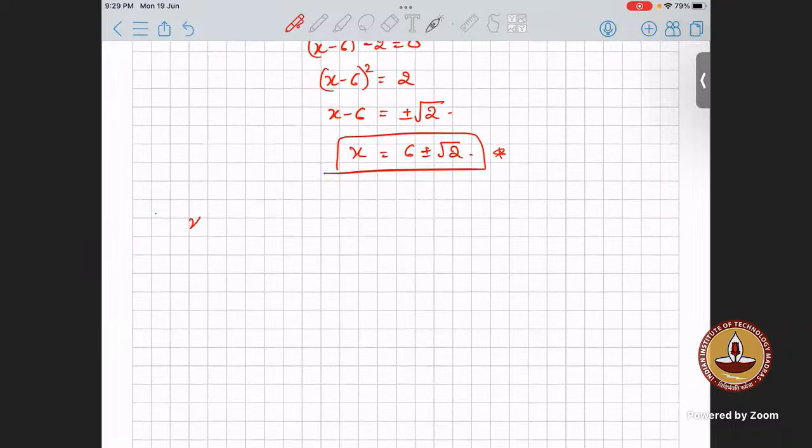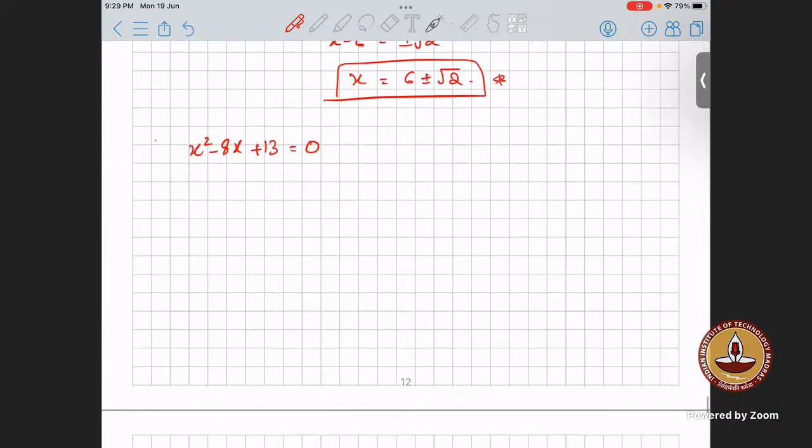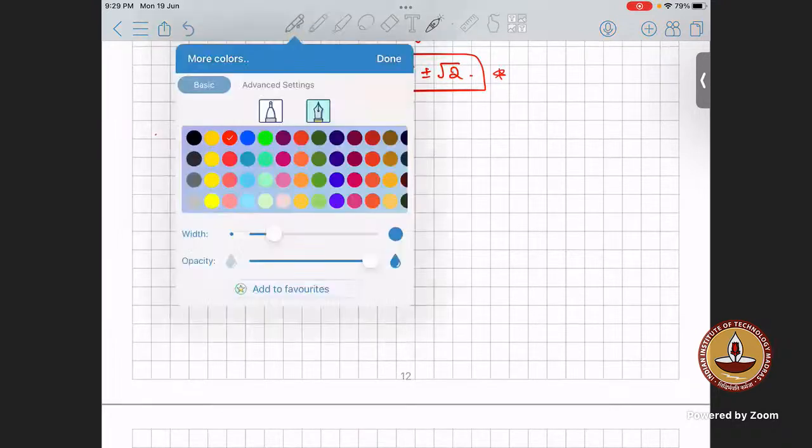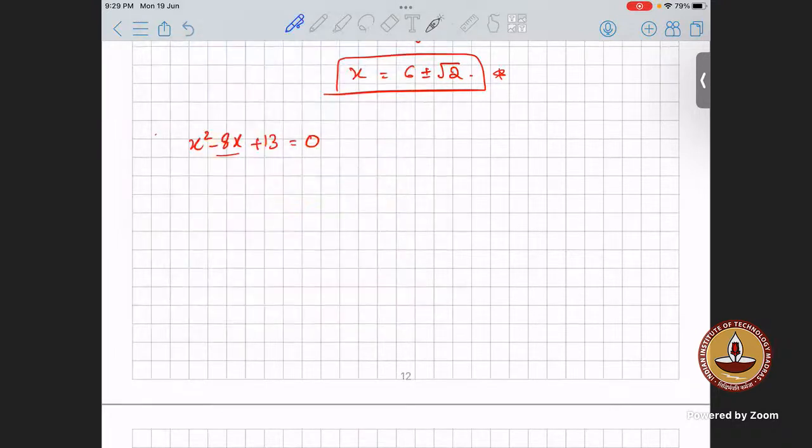Another problem: x square minus 8x plus 13 equals 0. We have to apply the complete square method. Listen very carefully. This you have to break down into 2ab: 2 into 4, where a is 1 and b is 4, with x.